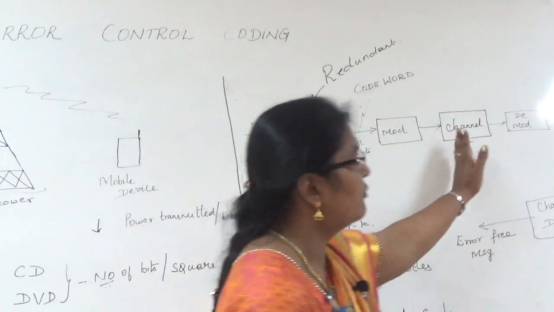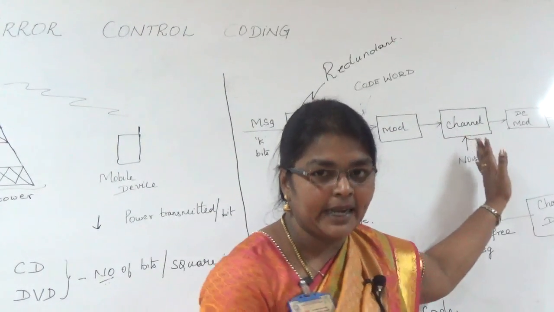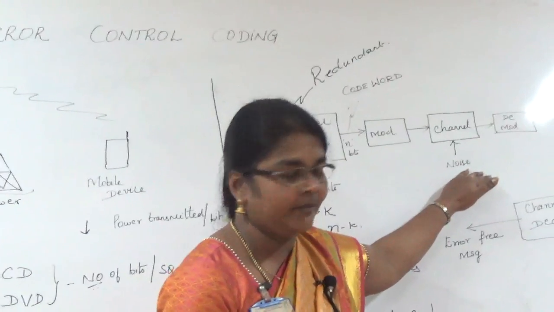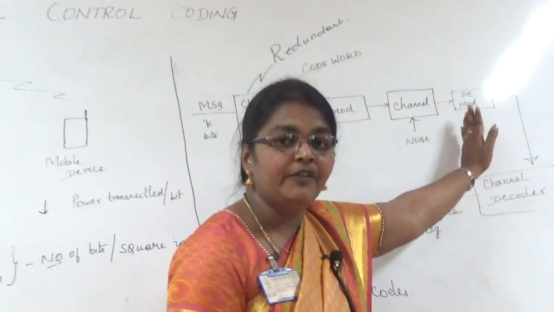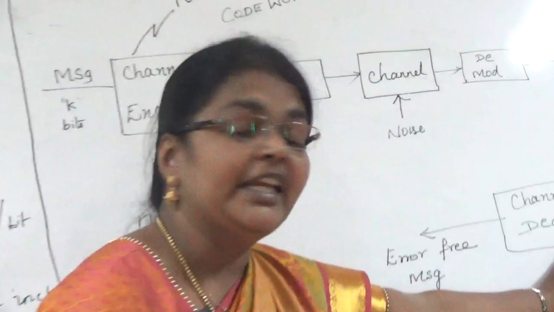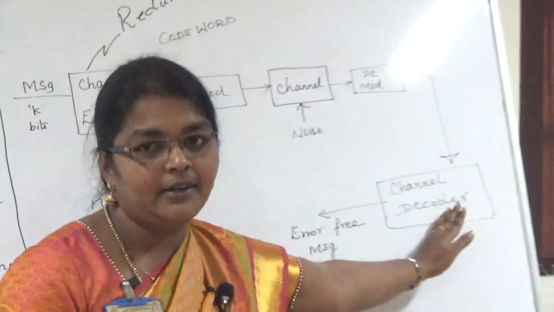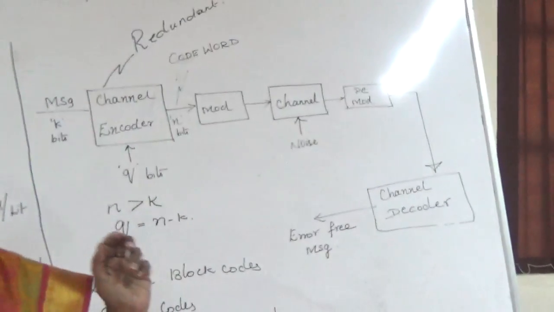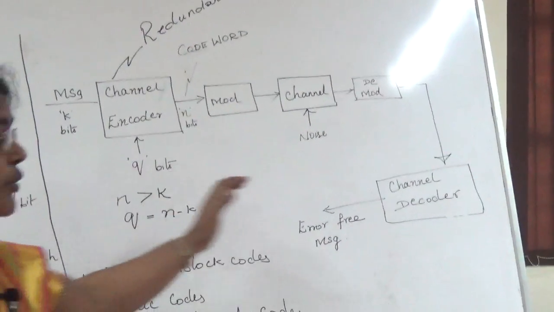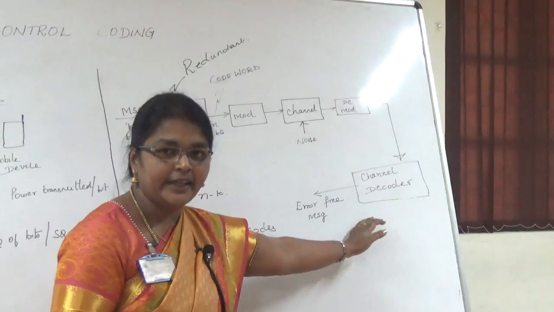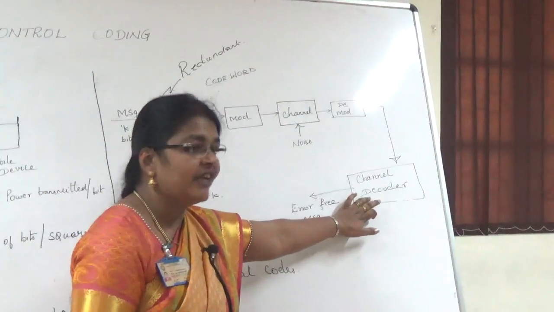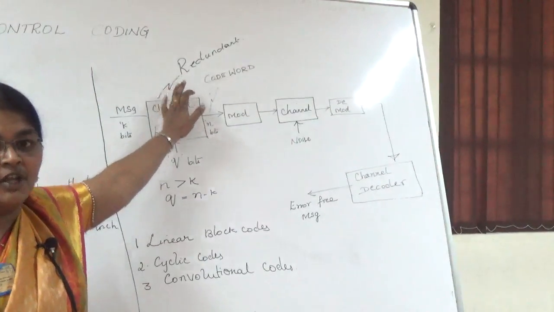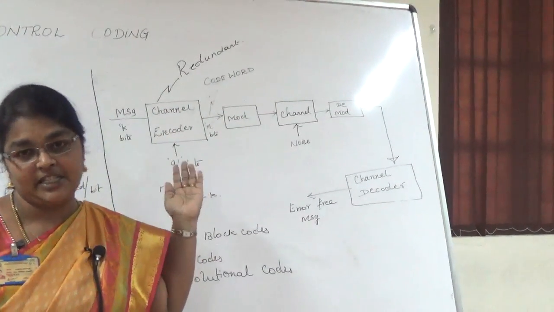Once my signal is transmitted through the channel, it will be subjected to noise. At the receiver, we demodulate and give the signal to the channel decoder. The main function of the channel decoder is to detect the error and correct the error. This function is done with the help of the redundant bits that we add on the transmitter side.